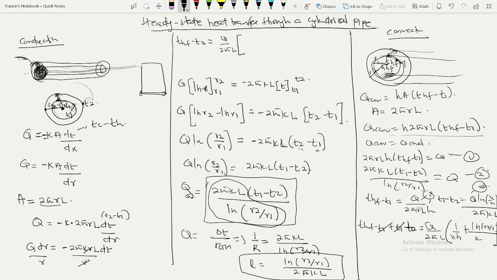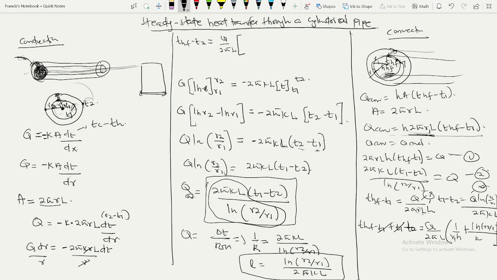So let's see where this 2 pi RLh comes from. It comes from here, and the area will use radius 1 because it's by convection. The convection is from this fluid to the inner radius of the pipe.